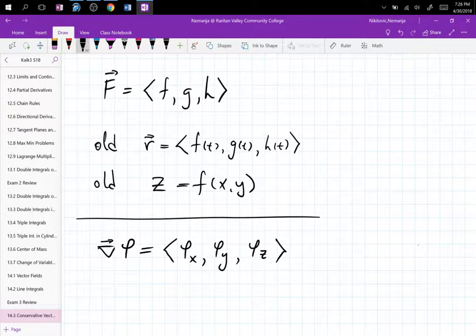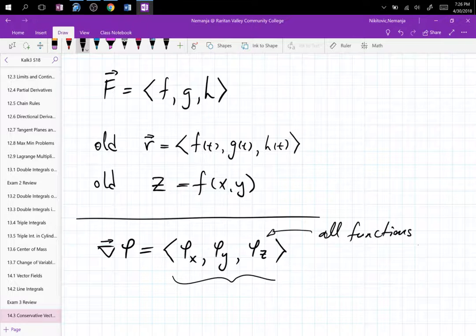These are all functions over here. Since they're all functions, that means that this thing is a vector field.